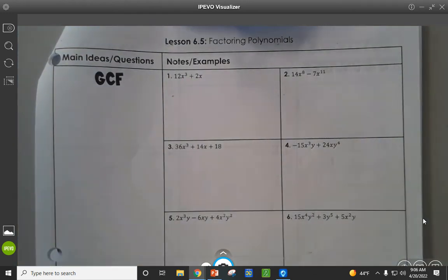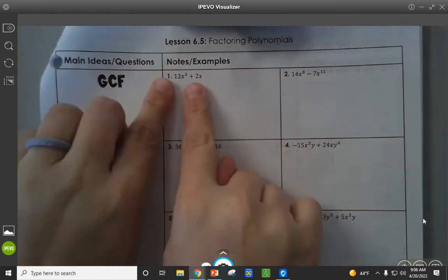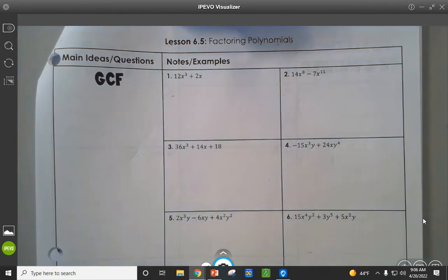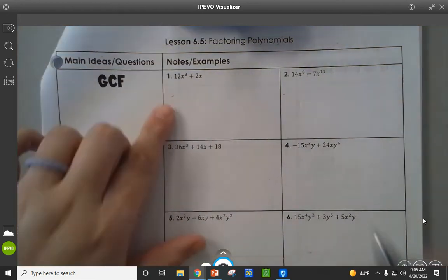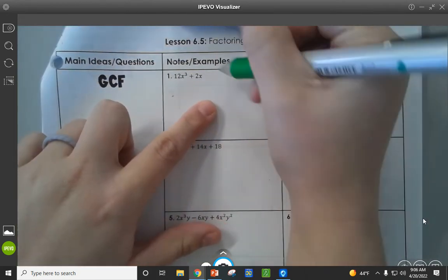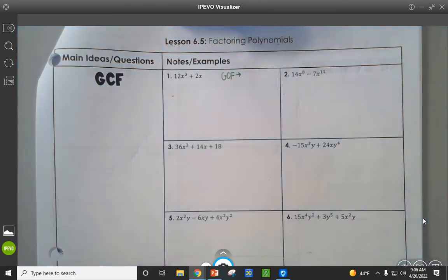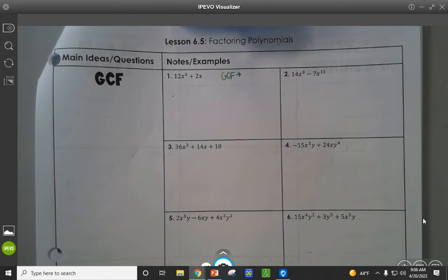And so like on number 1, when we're doing the GCF, we look at both the numbers in the front and the variables. So based on 12 and 2, what is the GCF of 12 and 2? 2.